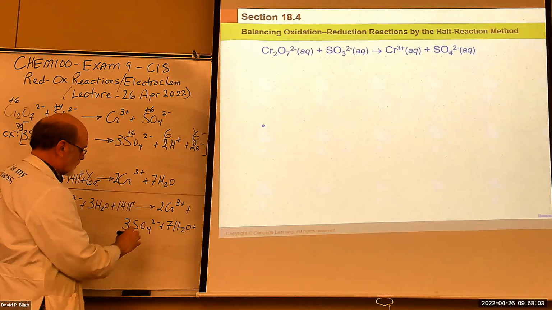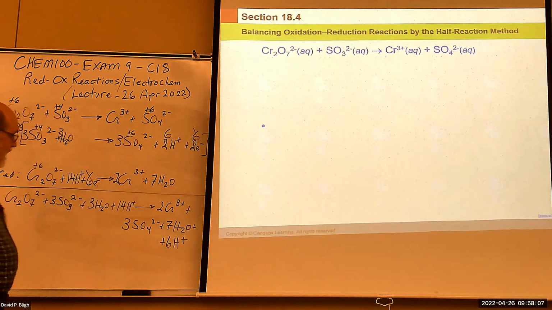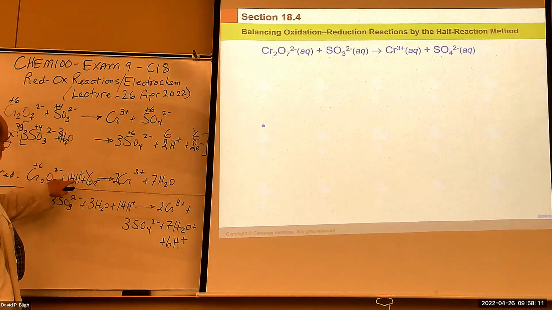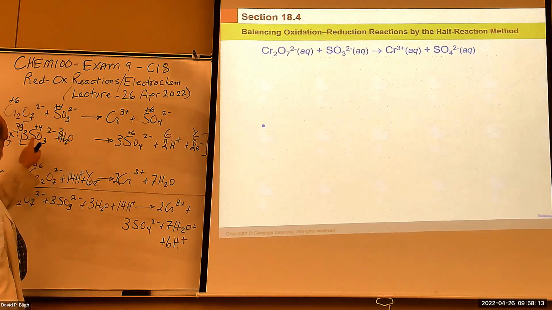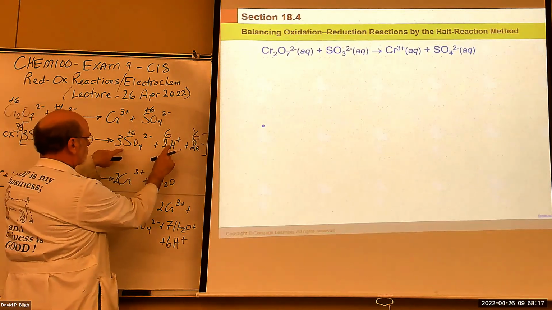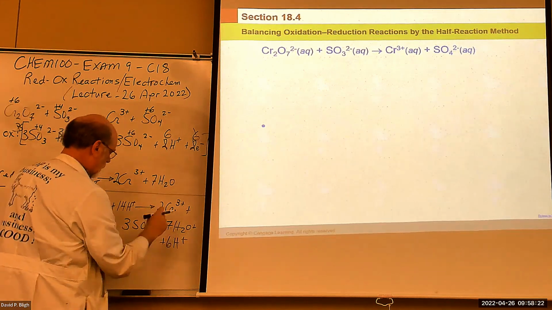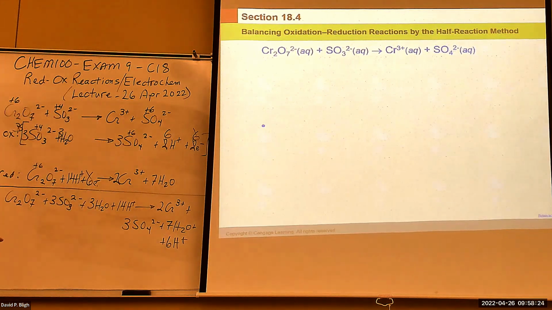And then 6 hydrogens. Okay. Is that everything? We have 1, 2, 3, 4. 1, 2, 3, 4. And we have 1, 2, 3, 4. 1, 2, 3, 4. Okay, that's everybody.